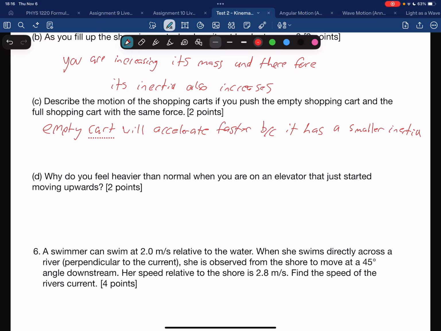And the full cart will accelerate slower because it has greater inertia.